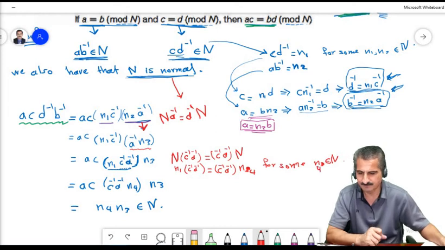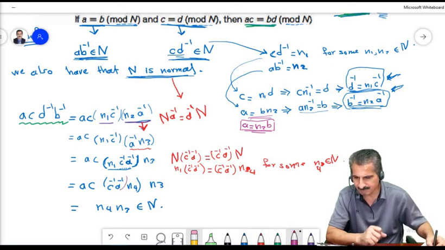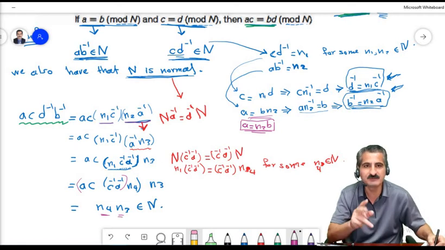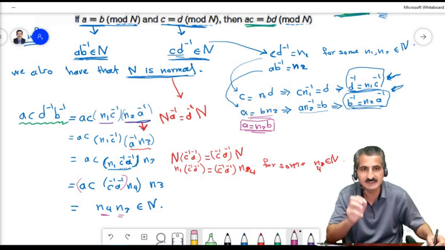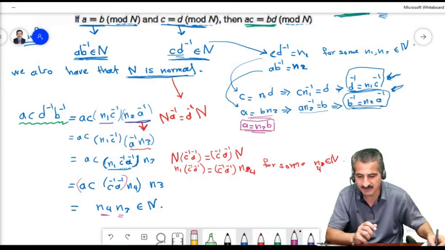Okay, so once I got that, I used associativity again, and this and this here will give us the identity, and that will leave n4 times n3. These two elements are from N already, and N is a subgroup, so it is closed under multiplication.